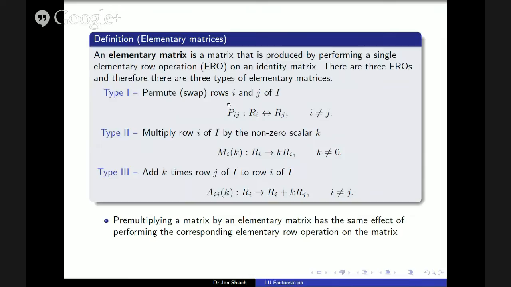What we can do is actually express an individual elementary row operation as a matrix. And these matrices are called elementary matrices. So an elementary matrix is one of these row operations applied to the identity matrix.